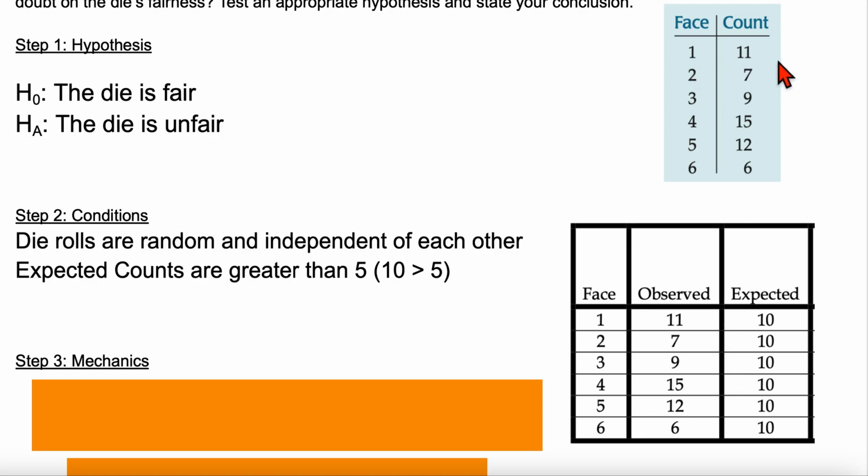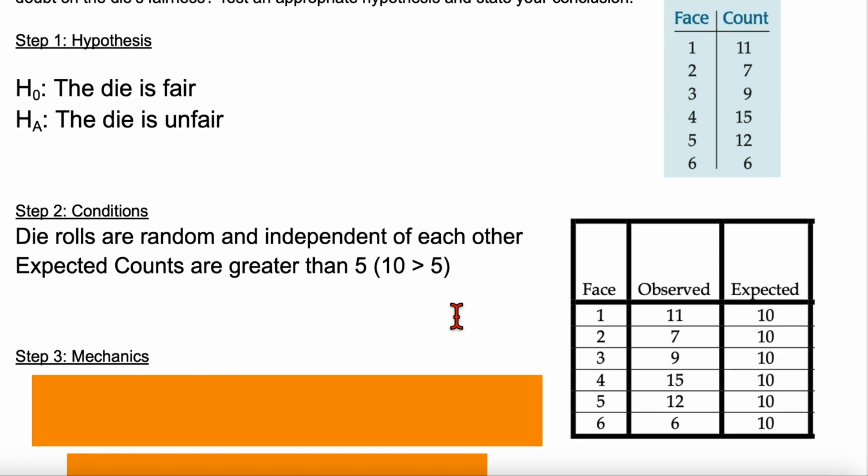You can just write right over here on the worksheet, right next to the number 11, put the number 10. Right next to the number 7, put the number 10. And at the top, you can label that column EXP for expected value. This column we call the observed value, so normally we label that OBS for observed.